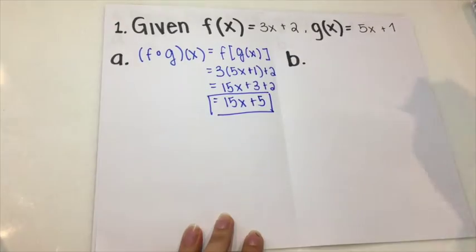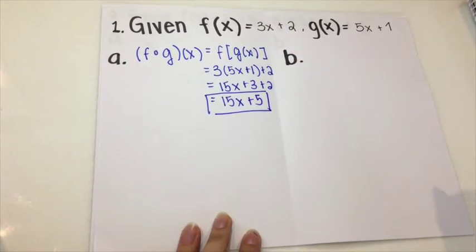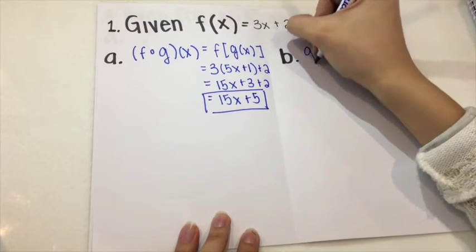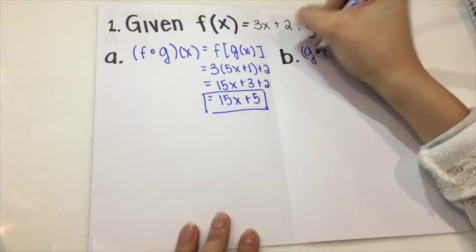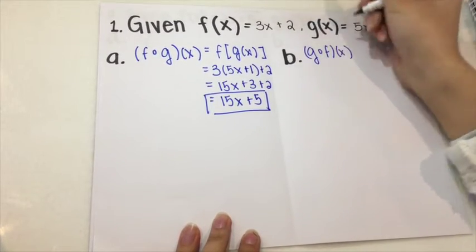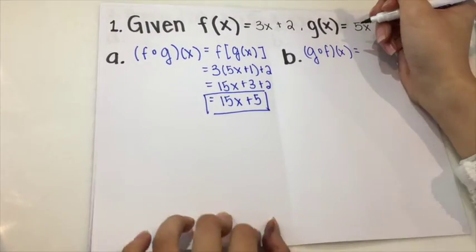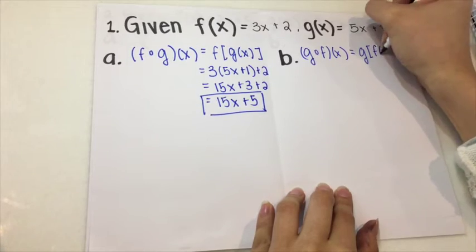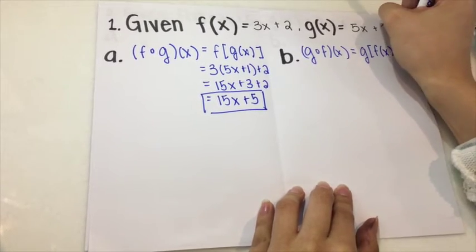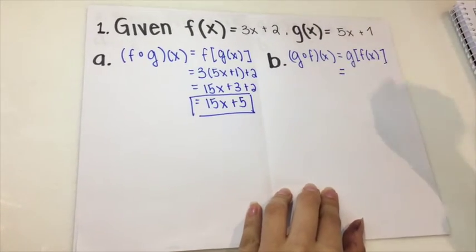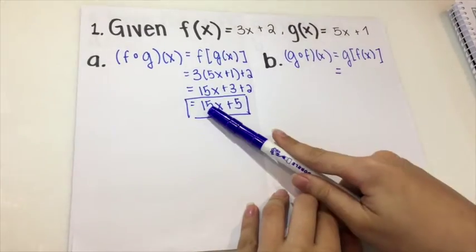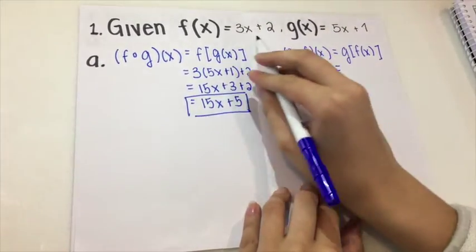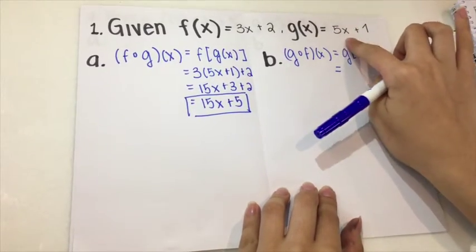Okay, so let's try it the other way around. Instead of f of g of x, we'll try g of f of x. According to the formula, it can also be written like this. Like what we did a while ago, we'll plug in the values of f of x to the values of x in g.